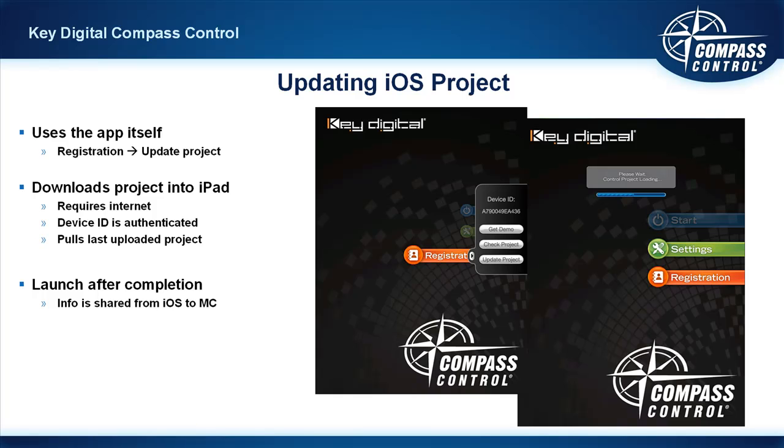Now, if you're somebody who just does the same name over and over, Smith, Smith, Smith, then you just have the latest version of Smith in the cloud. It's time-stamped as it enters the cloud. And that's how it works when the iPad hits Update Project. It looks for the latest project posted to the cloud for that device ID, and it pulls that one down.